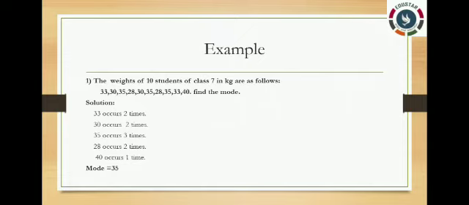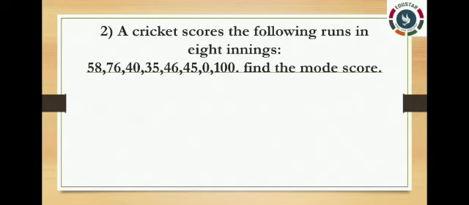We will see another one example. A cricketer scores the following runs in 8 innings: 58, 76, 40, 35, 46, 45, 0, 100. Find the mode score. Mode means the data which occurs the maximum number of times.